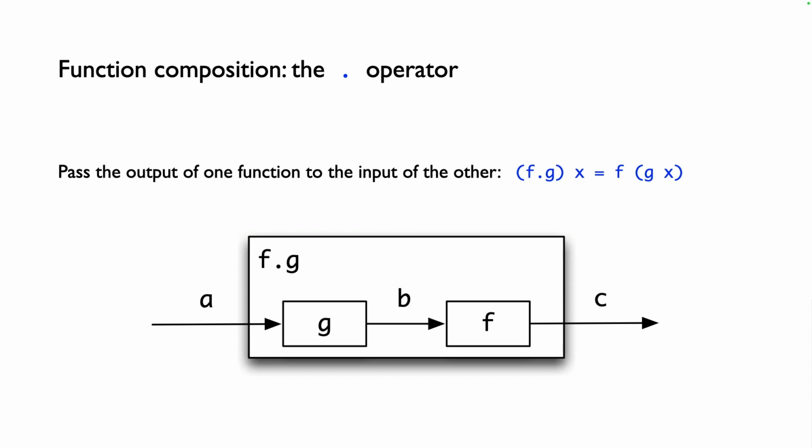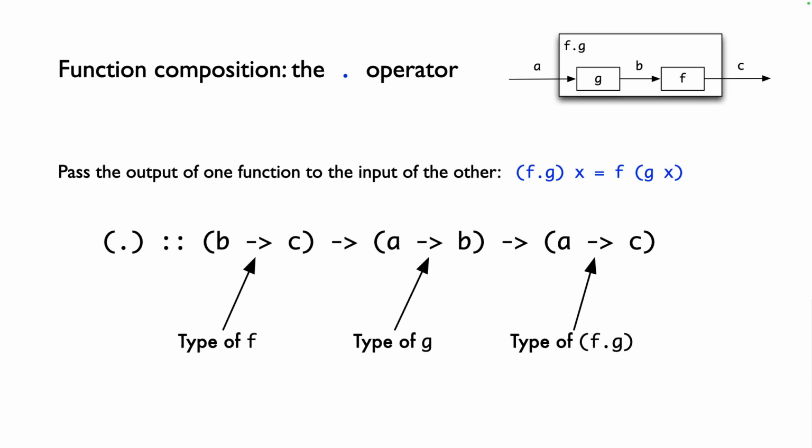Here they're denoted A and B and C, and that helps us to see what the type of the operator dot will be. The first argument of dot is f, so that's the function that goes from B to C. The second argument of dot is g, and that's the first function to be applied.